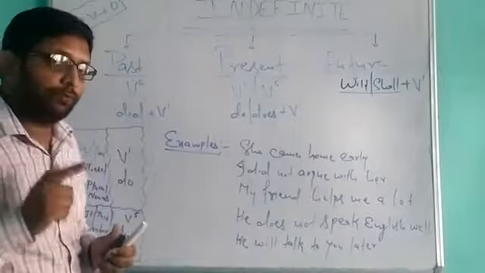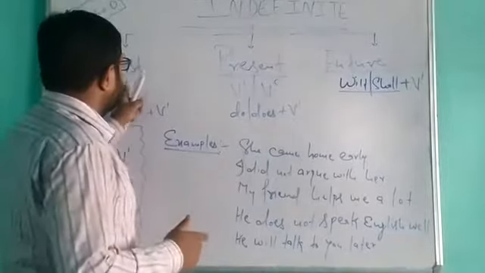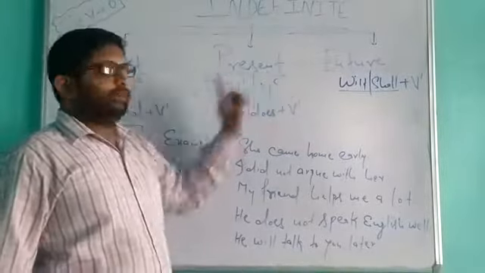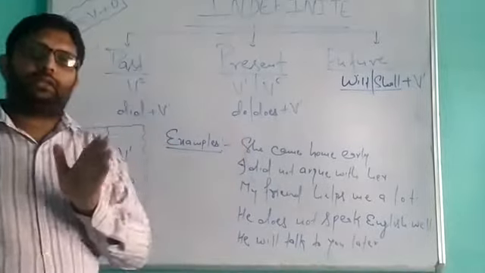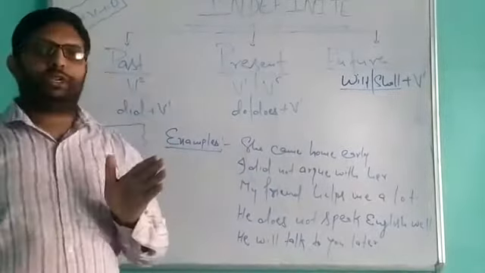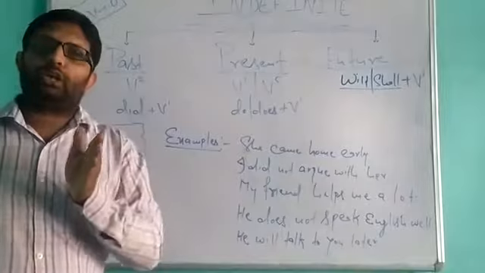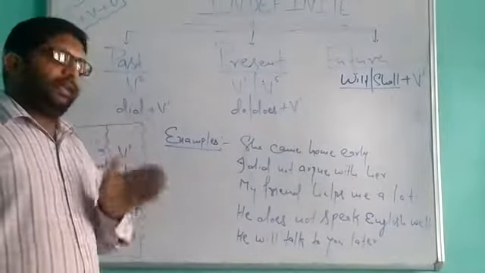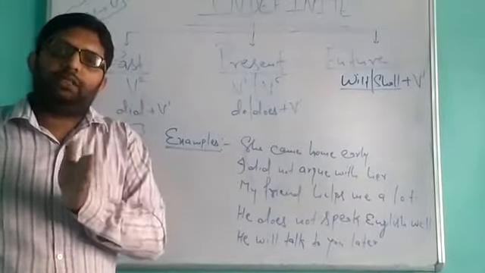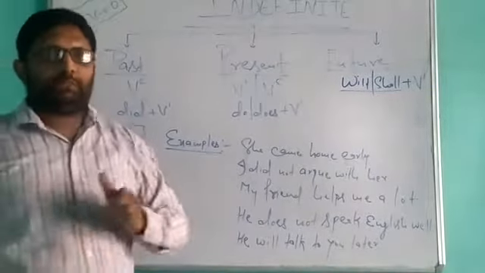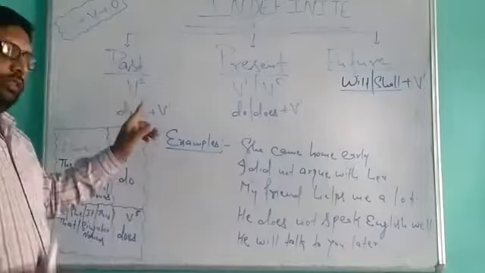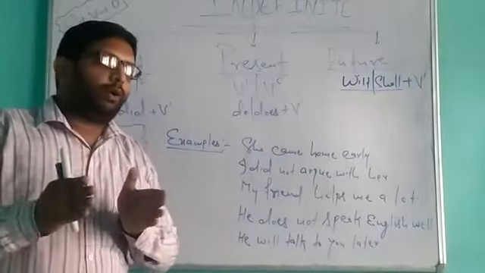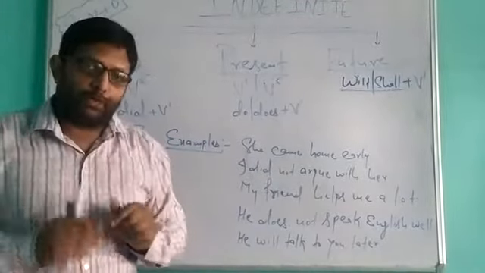We must keep in mind, once again I repeat, that past indefinite tense and present indefinite tense are the two tenses in English which do not require any helping verb in their positive sentences. It means they will be formed with the help of the main verb only.